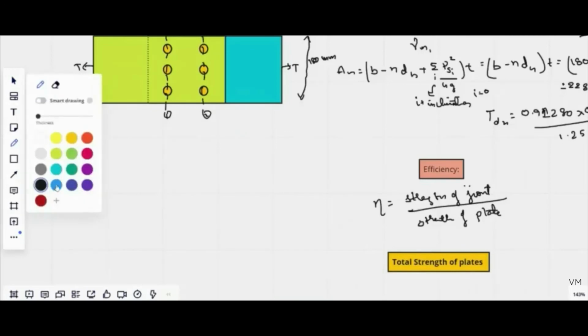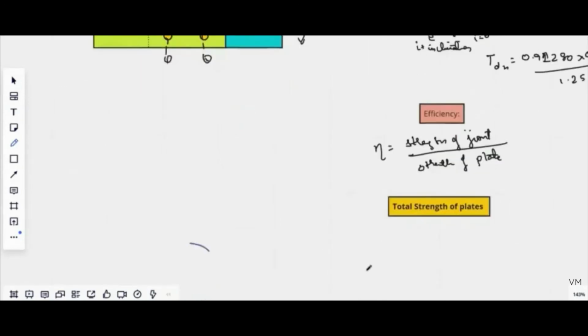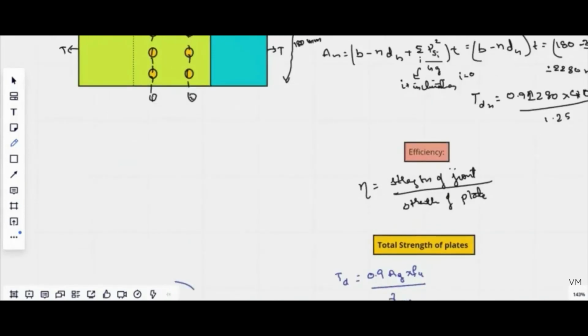So overall strength of plate. Now we are going to calculate the total strength of plate. Already we calculated the strength of plate considering the net area. Now instead of net area, I am going to consider the gross area. I am assuming that there are no holes, but this part is totally filled by our plate.